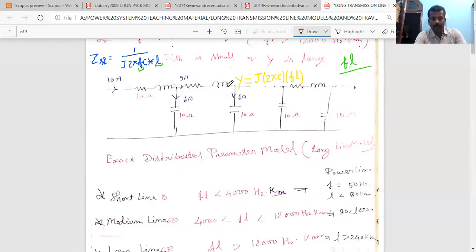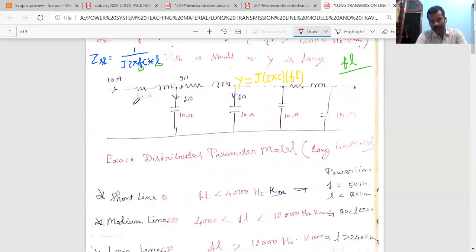This is the second part. In this way, all these parameters are distributed throughout the transmission line. Suppose 10 ampere current enters at the sending end, and there is 10 ohm resistance and 10 ohm capacitor.